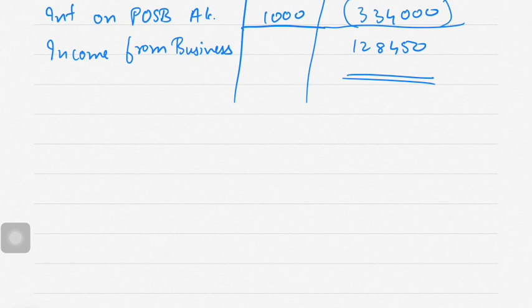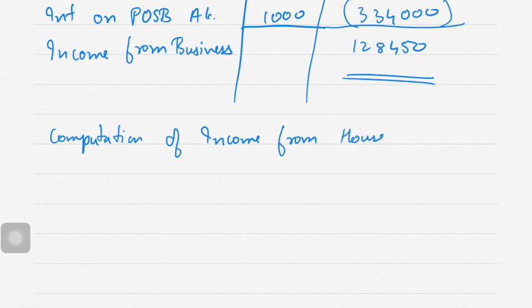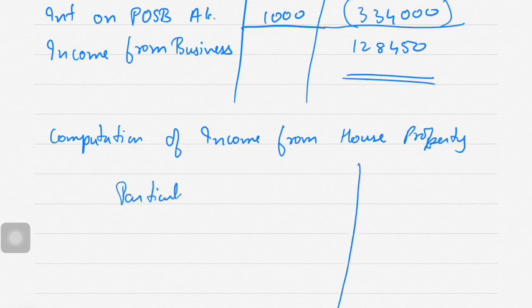Computation of income from house property, two columns, particulars and amount.